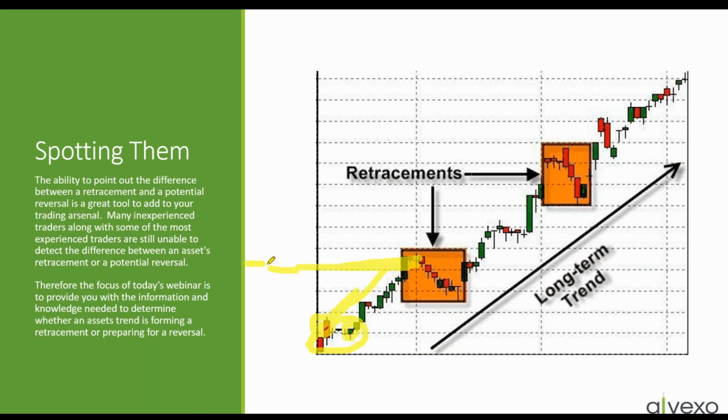So what happened is they put their sell orders in. As price moves up there, it starts kicking off those sell orders. When those sell orders start getting filled, the market eases. That ease is known as a retracement.